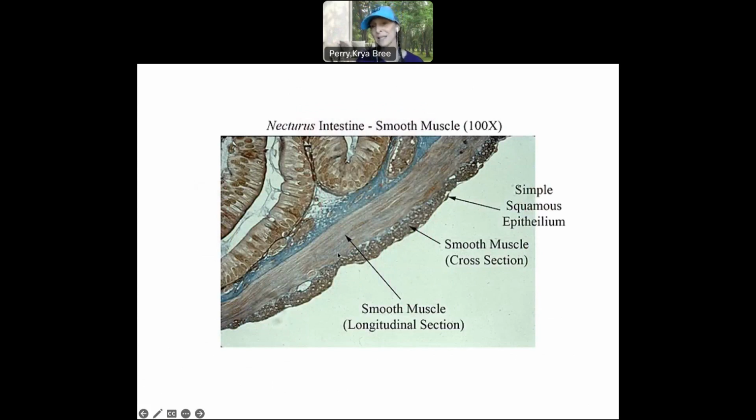One of the best places to see this is the mouse intestine slide, so go back to it and zoom in. Remember, before, when we looked at the mouse intestine, we were looking at simple columnar epithelium, which lines the lumen, right? But if you zoom back on that intestine, surrounding your hollow organs of the GI tract is smooth muscle.